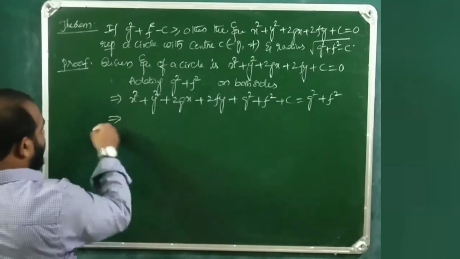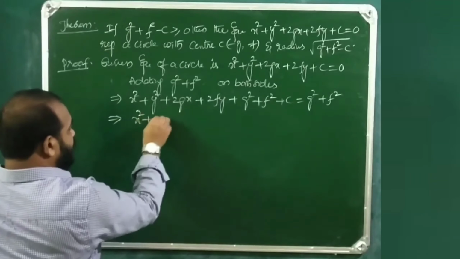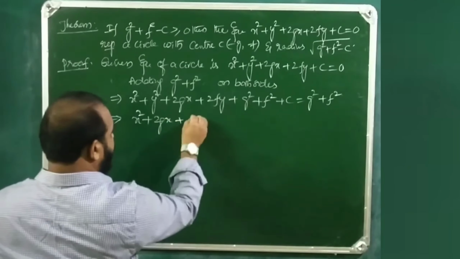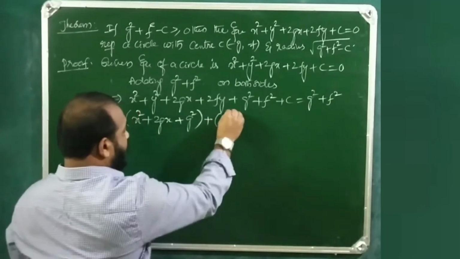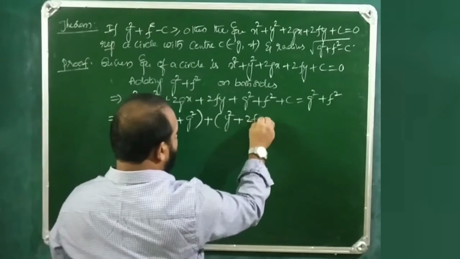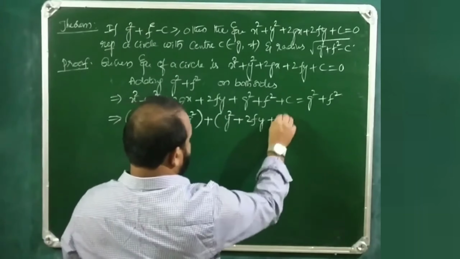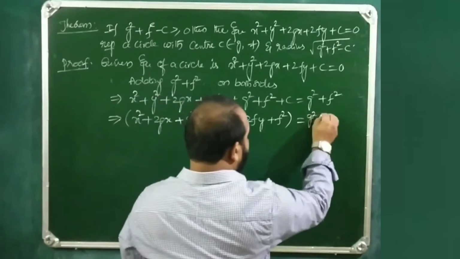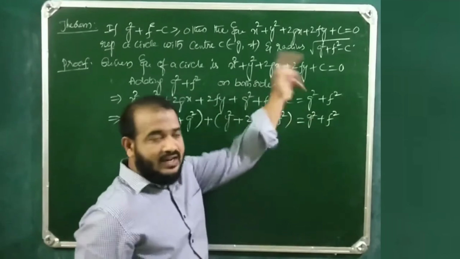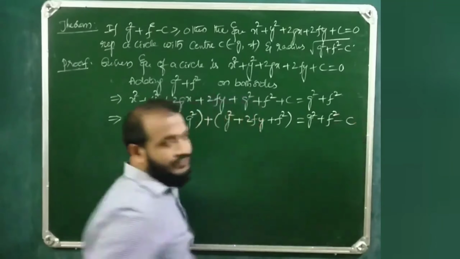Now, x square plus 2gx plus g square, I'll keep in one bracket, plus y square plus 2fy plus f square equals g square plus f square. This plus c I'll transpose to the other side as minus c.